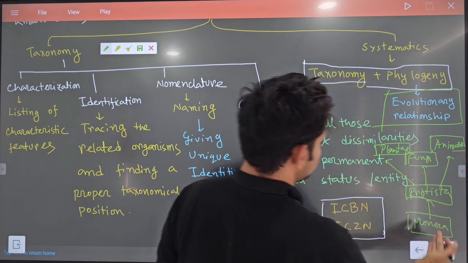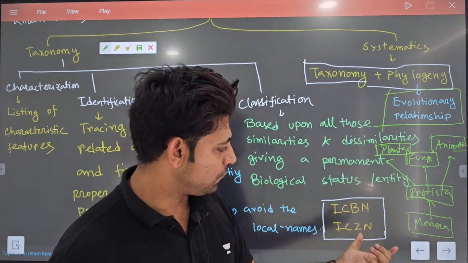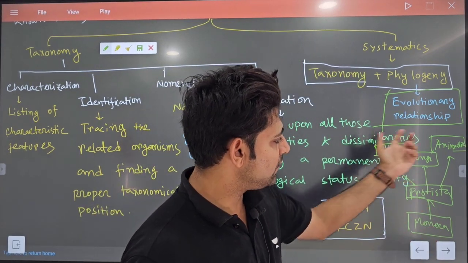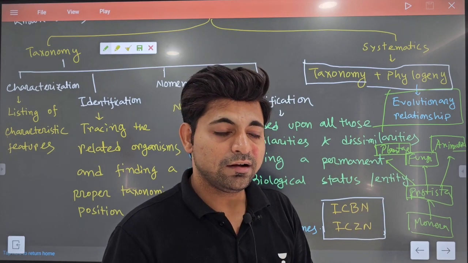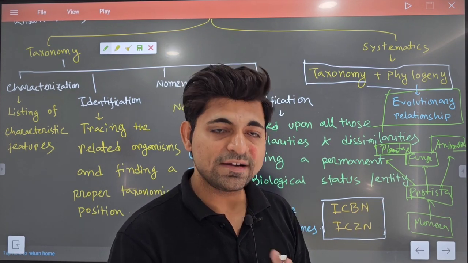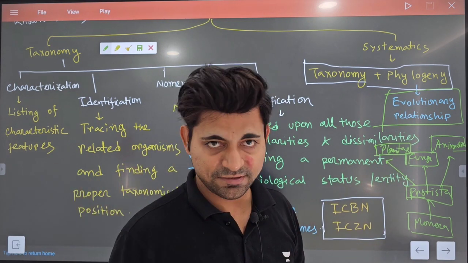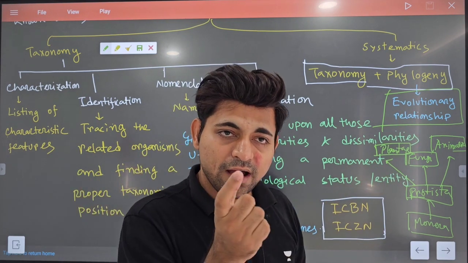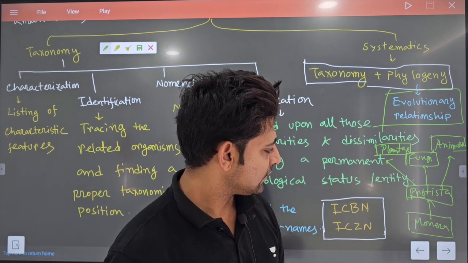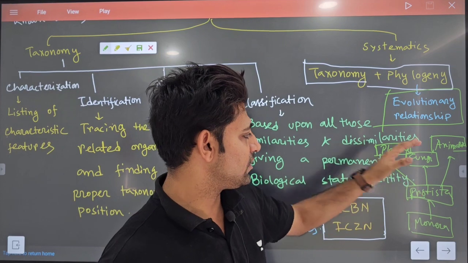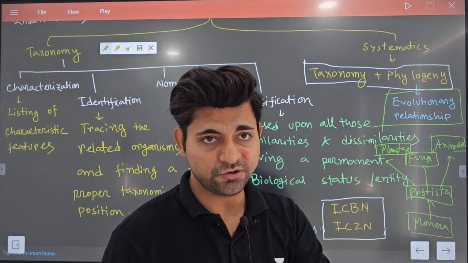Now this tree formation is the phylogenetic tree of the living world: Monera, Protista, Fungi, Animalia, Plantae. So when Whitaker characterized and identified all the living organisms together and formed different classifications, he kept them into different categories, different taxa: kingdom Monera, kingdom Protista, kingdom Plantae, kingdom Fungi, kingdom Animalia. That was only taxonomy.